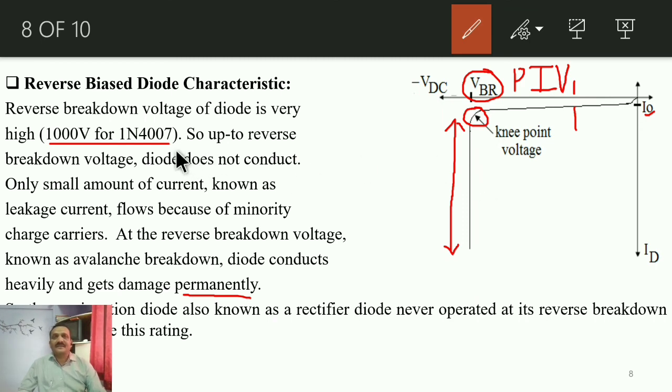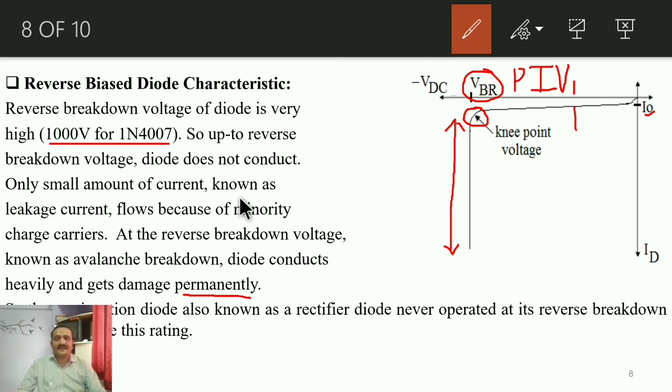Here we can take one example. Consider 230 volt RMS applied across the diode directly without any step down, using the same diode, 1N4007. This diode still will not get damaged. Why? Because even though it is 230 volt RMS, a very high AC voltage, its peak value is 325. Vrms equals Vm by root 2, so by that formula Vm equals root 2 into 230, which is around 325 volts.